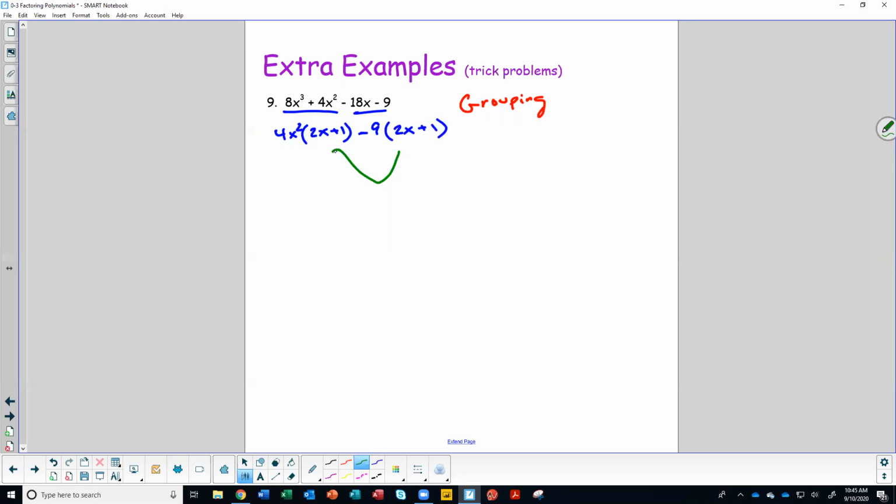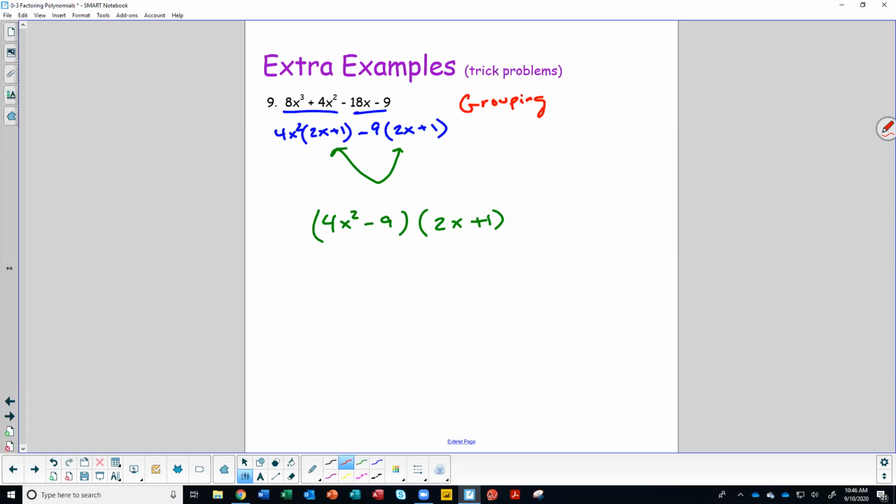Since these match, you would write your answer as the outside, the common factors. 4x squared minus 9 is 1 factor. The other factor is what was matching, 2x plus 1. Again, I'm at the same stage as last problem. This is a difference of squares. Since there's a square there, I can keep going to get rid of the square.